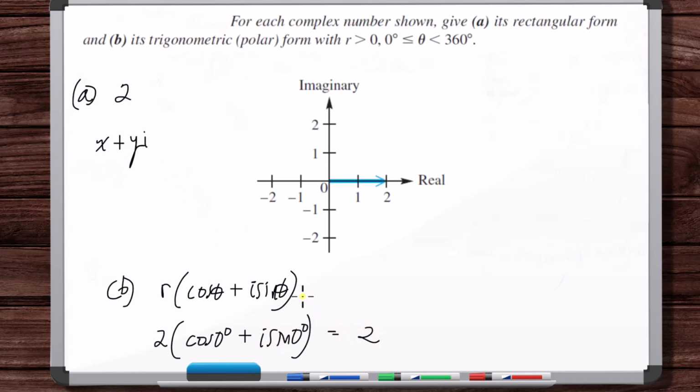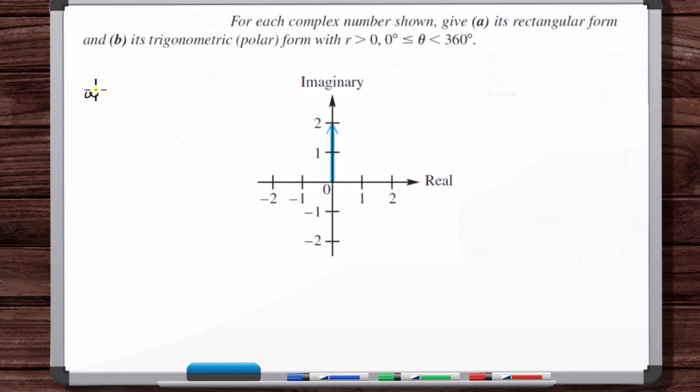Same number. Okay, here we've got 0 plus 2i, or just 2i. It's pure imaginary. Now in polar, the radius is 2 and theta is 90 this time, plus i sine of 90.